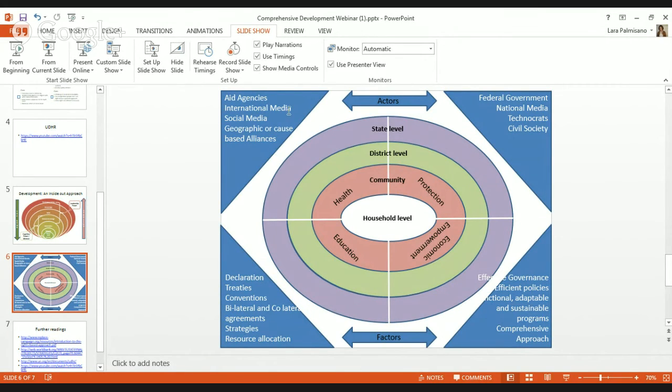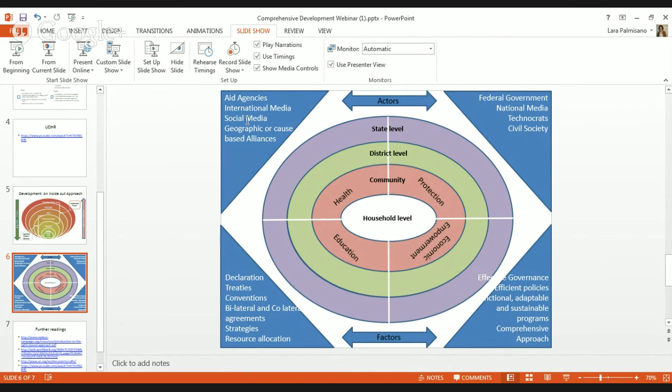So the actors involved here, which are outside of this scope, on the other hand, are government stakeholders, which are the federal government, national media, technocrats, and civil society. And on the other hand, there are aid agencies like USAID, UKAID, Australian Aid, DFID, UN, and then international media, which goes beyond the national media and brings issues into the limelight.